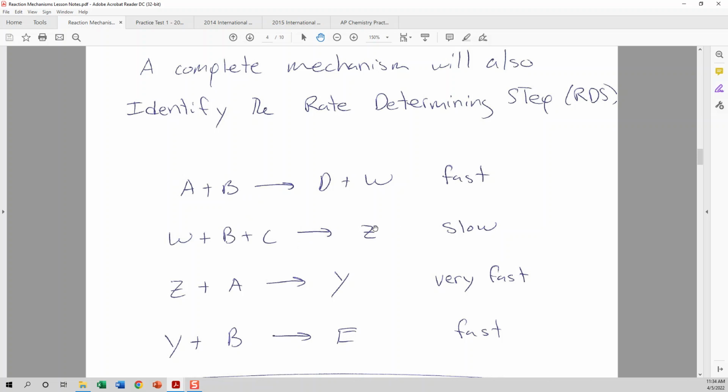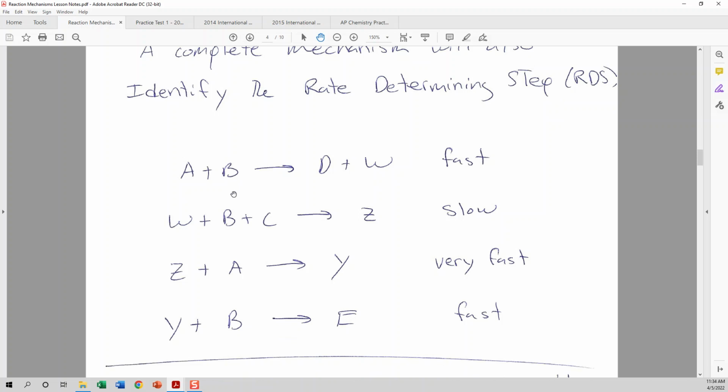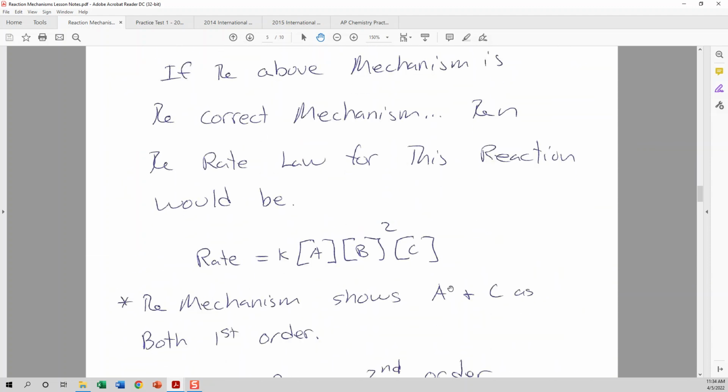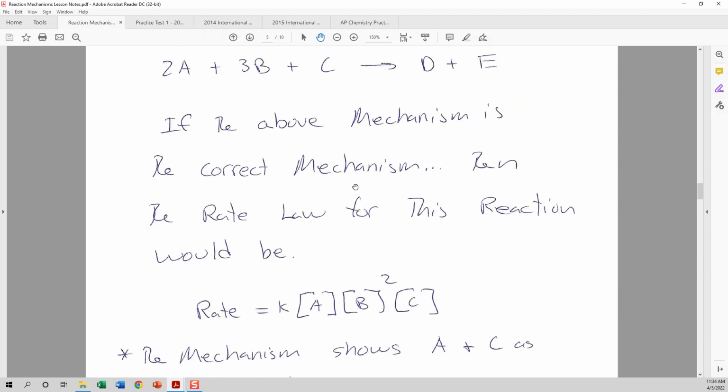So because this was the slow step, C and A are first order because only one particle of each is involved in a collision, but two particles of B are involved in a collision, so B is second order. So based on this reaction mechanism and this being the rate determining step, I know that that's my rate equation for this reaction.